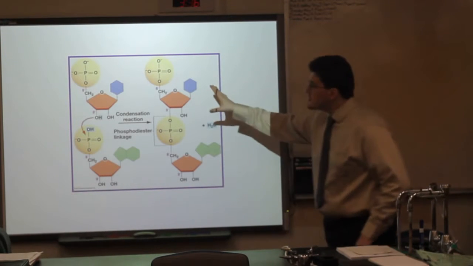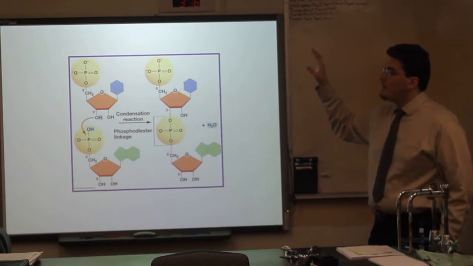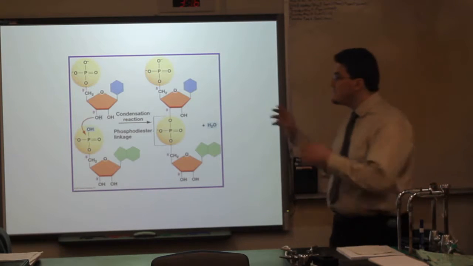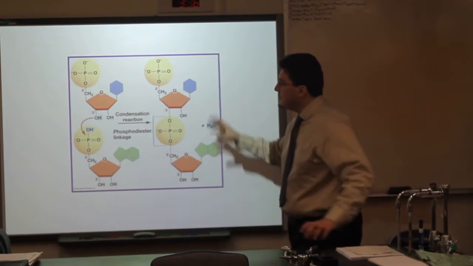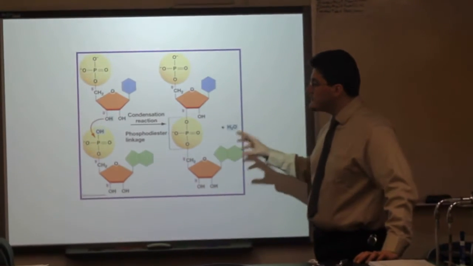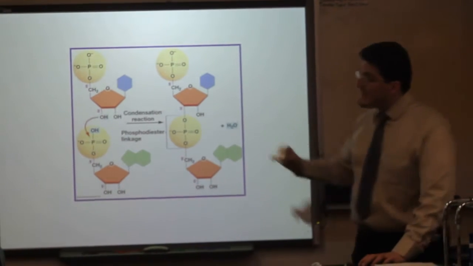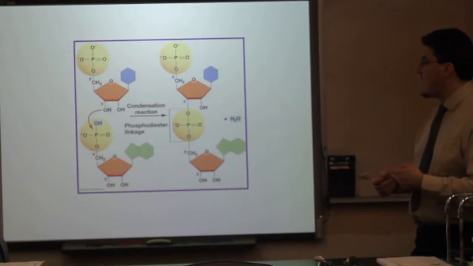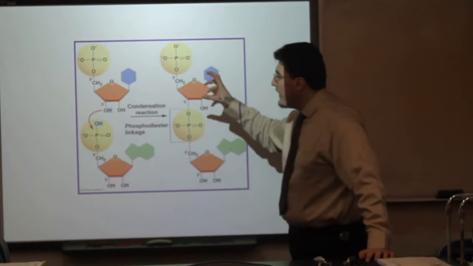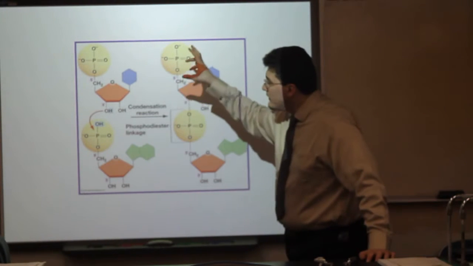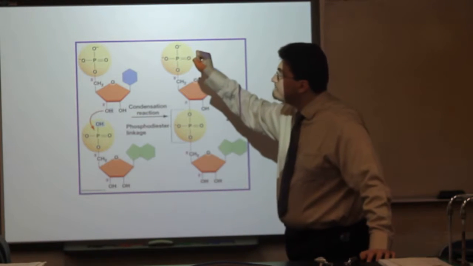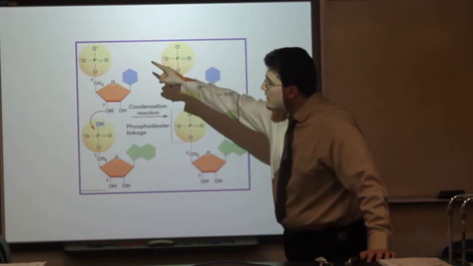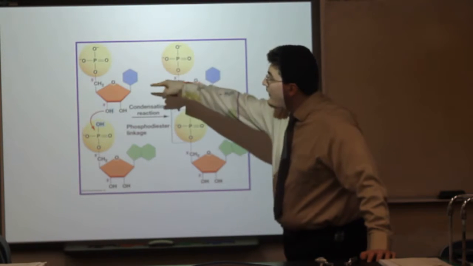So, let's show how we get a phosphodiester bond. The condensation reaction is how we get our phosphodiester linkage, which is how we put together individual nucleotides. Here we have our ribose sugar. This is our ribose, or RNA, excuse me.